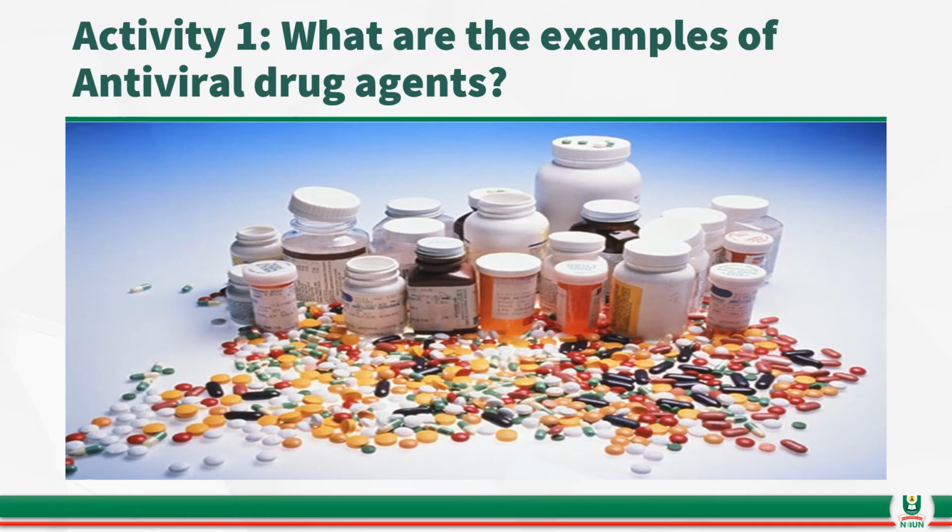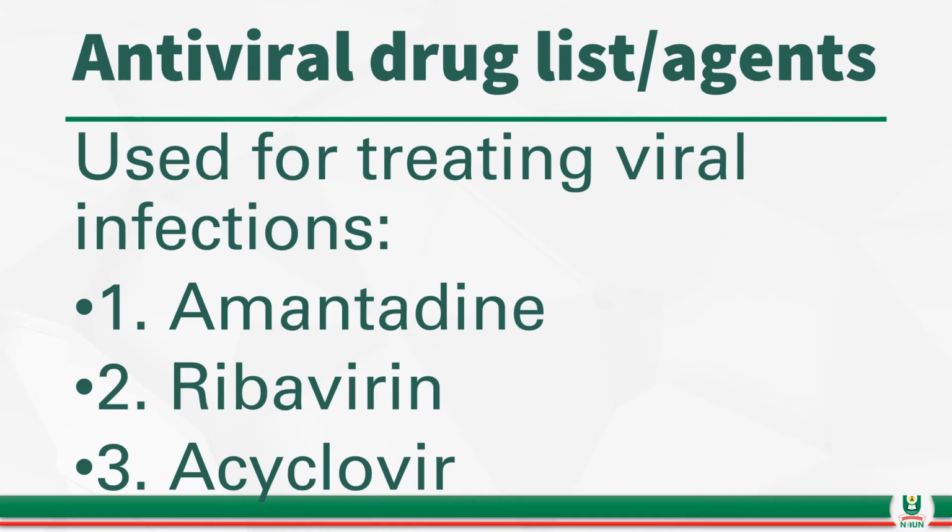So what are the examples of antiviral drug agents? We've finished with the antifungal drug list, so let's look at the antiviral drug list. The antiviral drugs or agents are used in treating viral infections, infections that are caused by viruses.